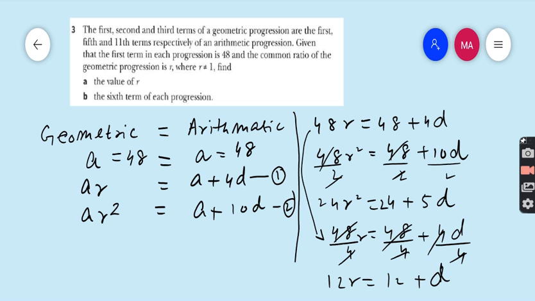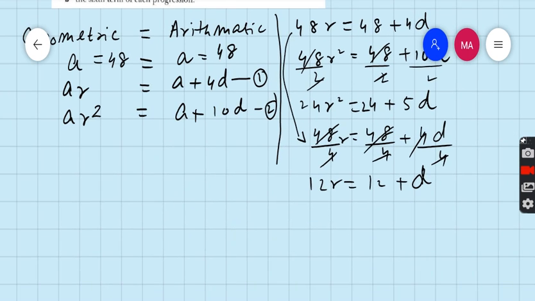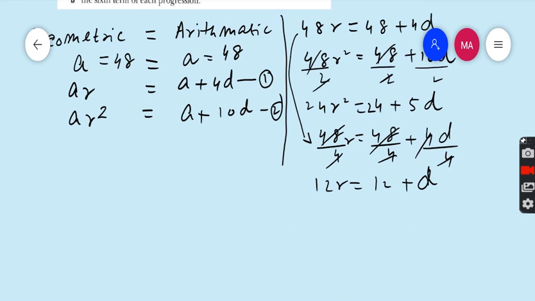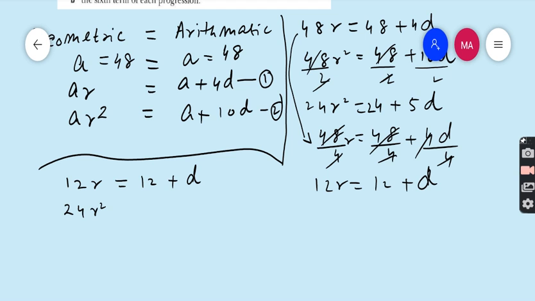Now the equations are smaller. Dealing with smaller coefficients is easier than dealing with larger coefficients. Now we have two equations: 12r equals 12 plus d, and second is 24r square equals 24 plus 5d.